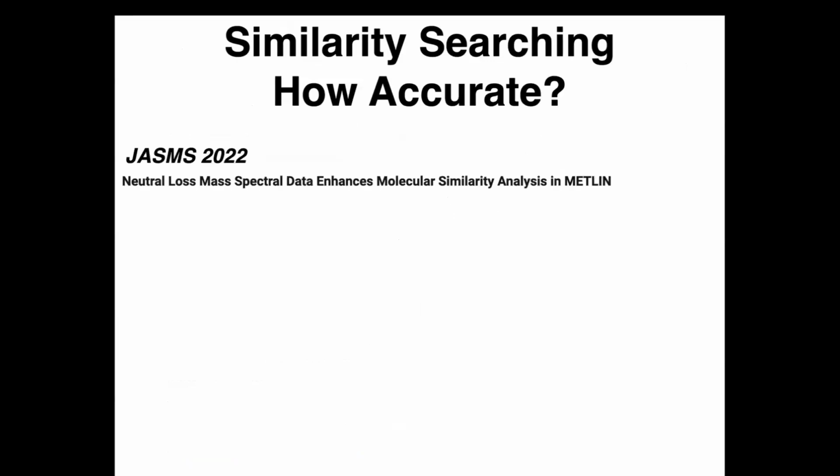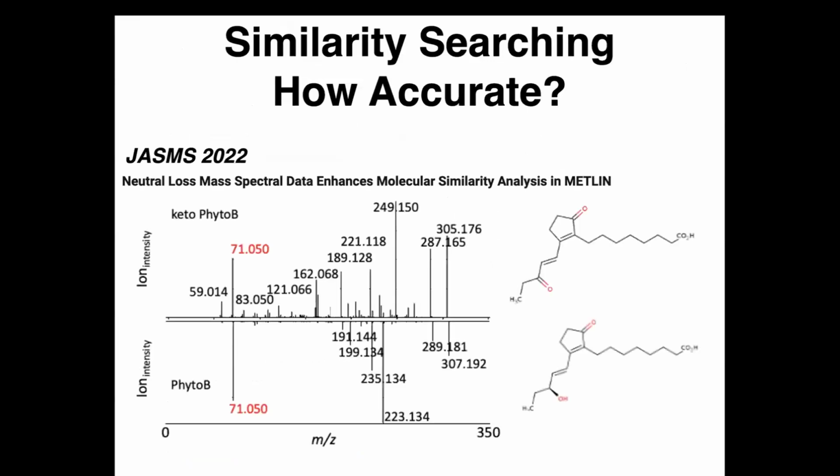So we've actually published on similarity searching since then. The most recent publication was in JASMS, Journal of the American Society for Mass Spectrometry, in 2022. And I think it's a very telling set of MSMS spectra. This is a compound, an oxylipin, that was given to us by Jean-Marie Galano out of France, an oxylipid specialist.